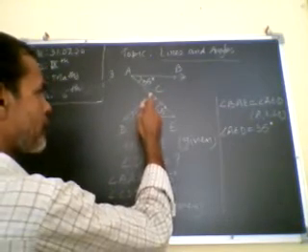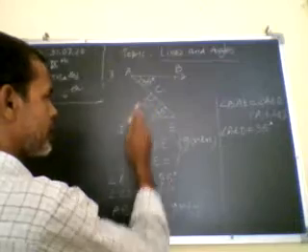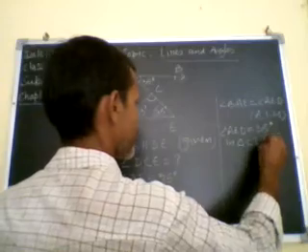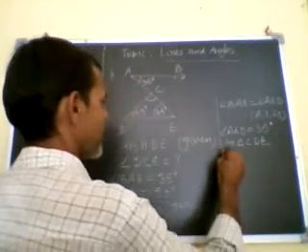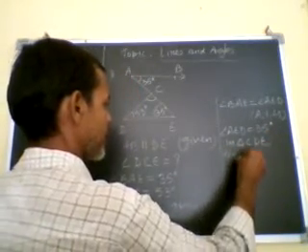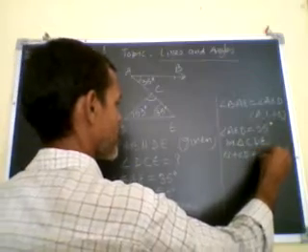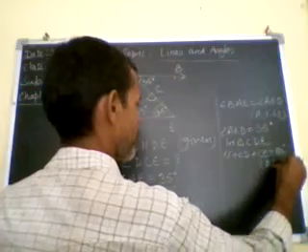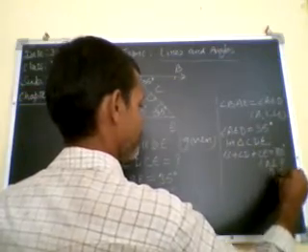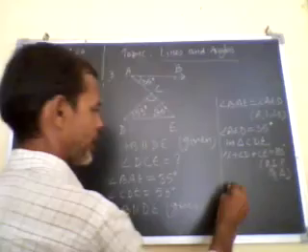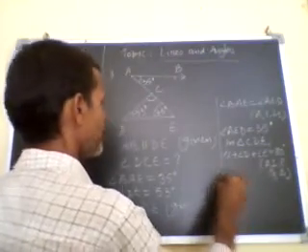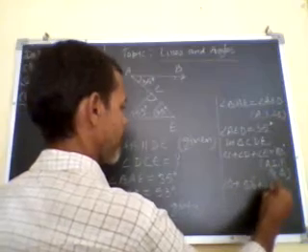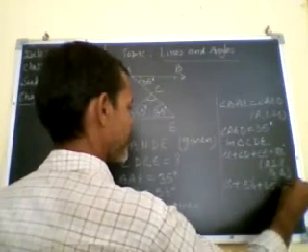Now use the angle sum property in triangle CDE. So in triangle CDE, angle C plus angle D plus angle E equals 180 degree. Angle sum property of a triangle. C we have to find, D 53 plus 35 equals 180.